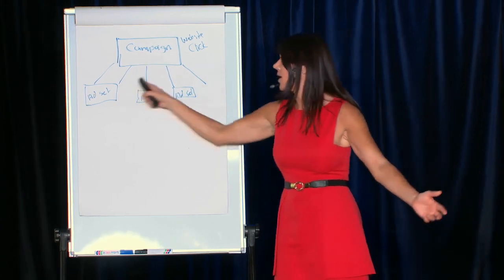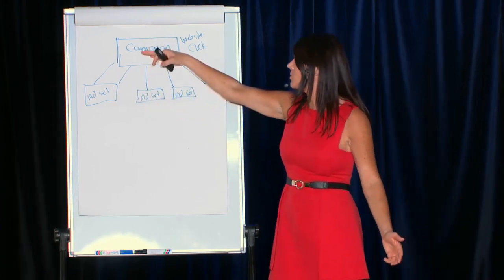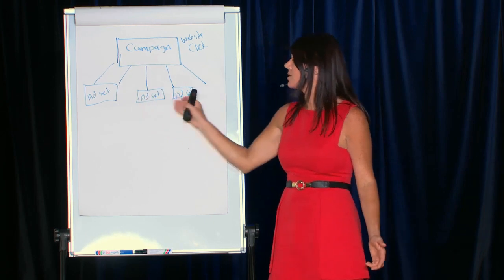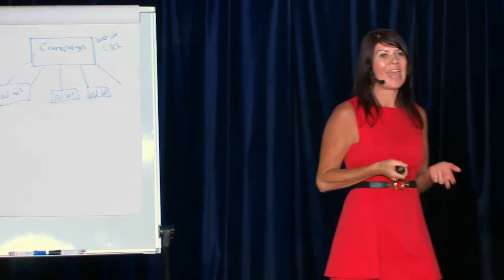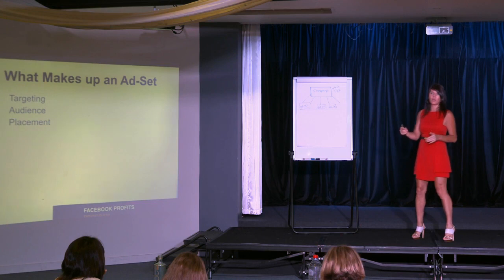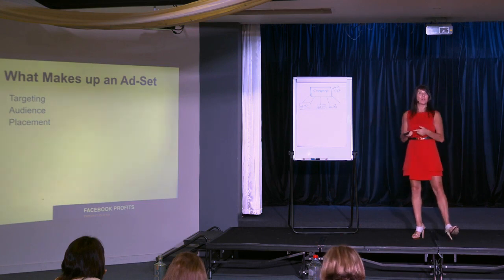But this is where it's broken down. So at the ad set level, this is where we're picking our audience, and we can also pick our placement. You can run ads in different places on Facebook: the newsfeed, on desktop, mobile, right-hand side, audience network, which is on apps on mobile devices, and in Instagram as well.